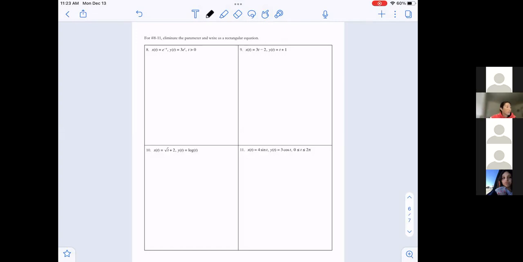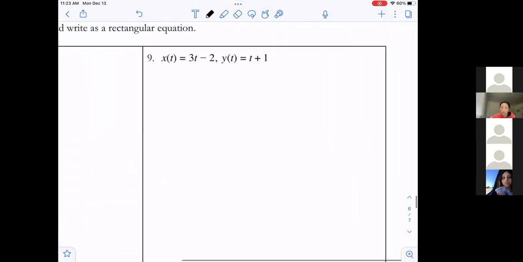All right. Okay. So let's just talk through number 9 for a moment. What would be your strategy to get an equation in rectangular form in the most efficient way possible?